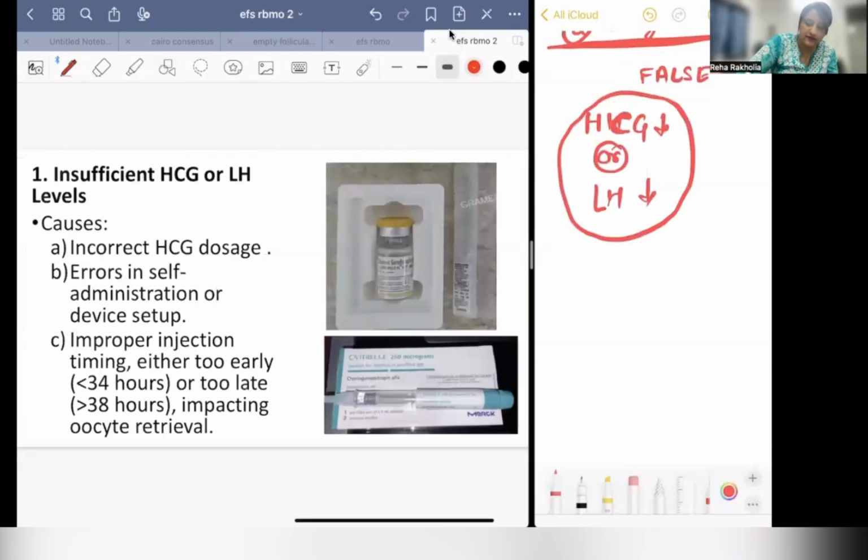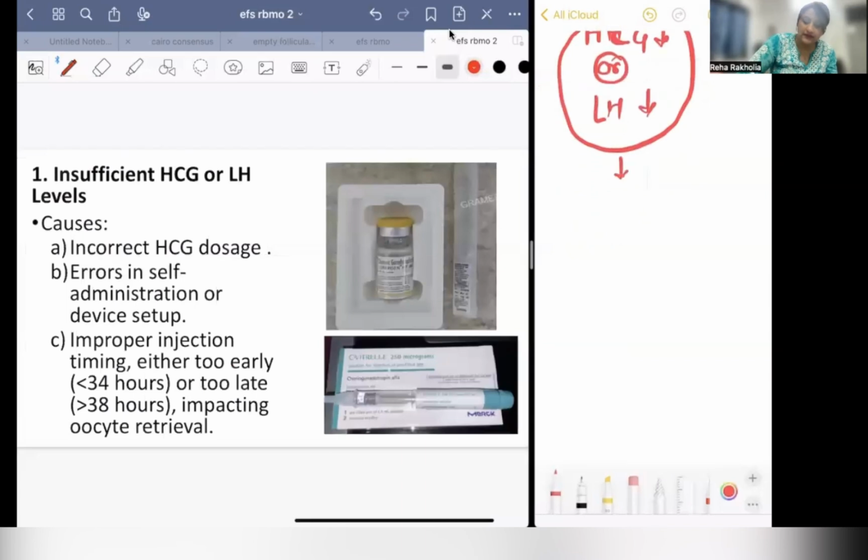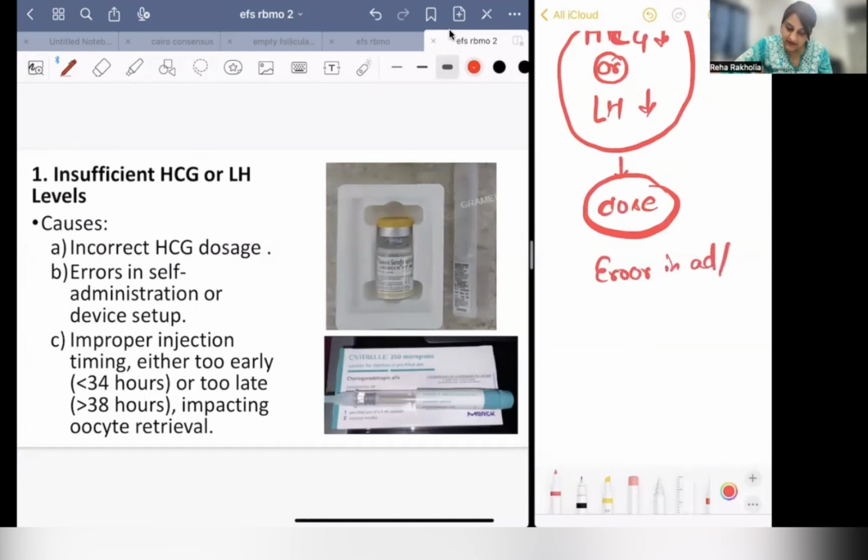If HCG or LH is low, it may be due to an inadequate dose, or we are administering it wrongly, error in administration, or error in device setup.